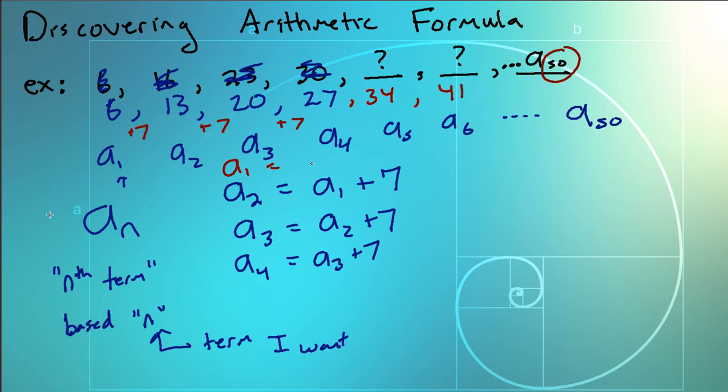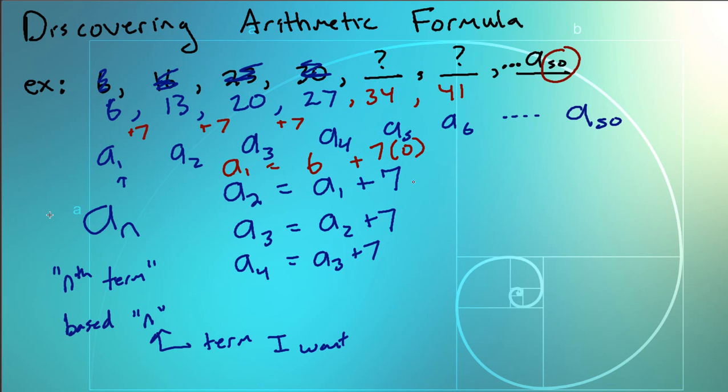And that's going to equal, well, what does that equal? It equals 6. I actually needed that for my recursive formula, but that's okay. So I start at 6, then I add 7 each time. So how many times have I added 7 to this first term? Well, I've added it 0 times, right?